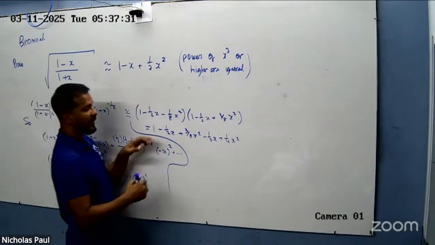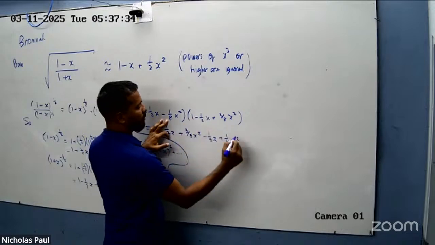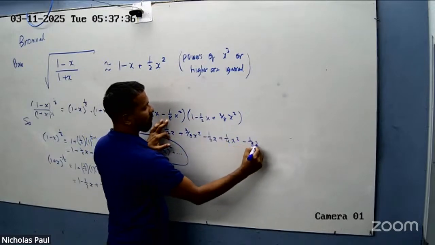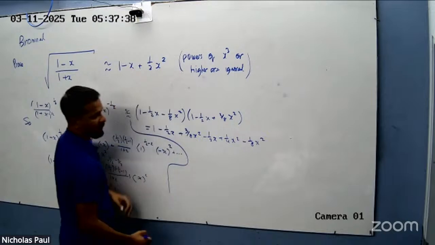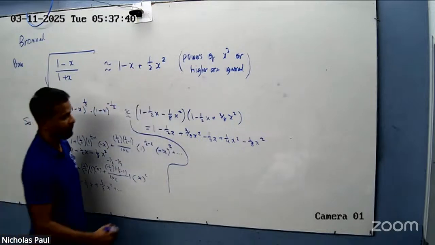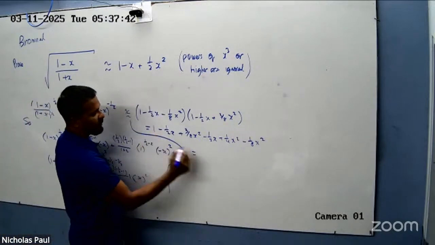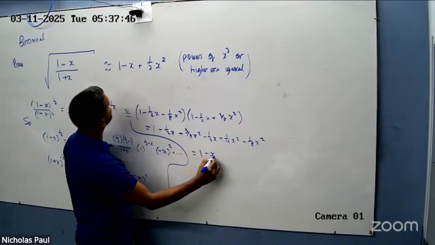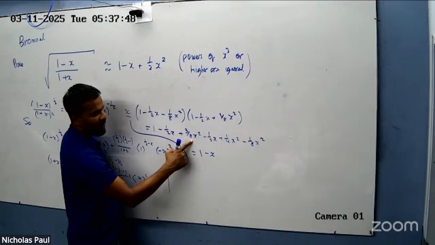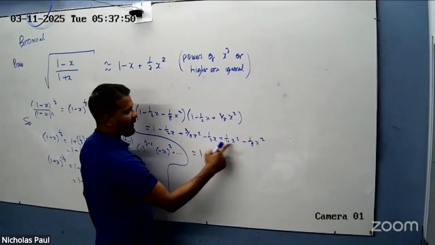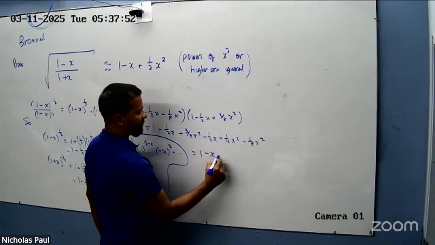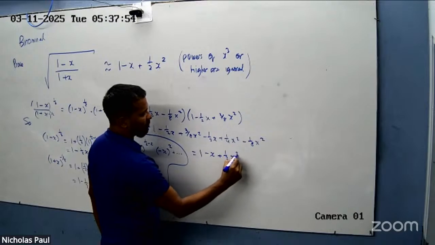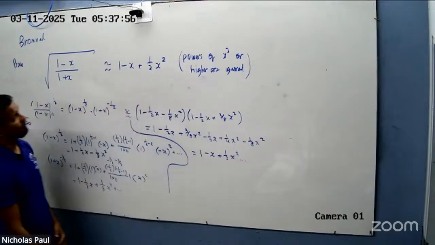And then I'm multiplying 1/8 x squared by 1. And that's it. Don't need any other terms. Any other constants? No. Minus a half x is a whole x. 3/8 plus a quarter minus 1/8 is a half. And that's it.